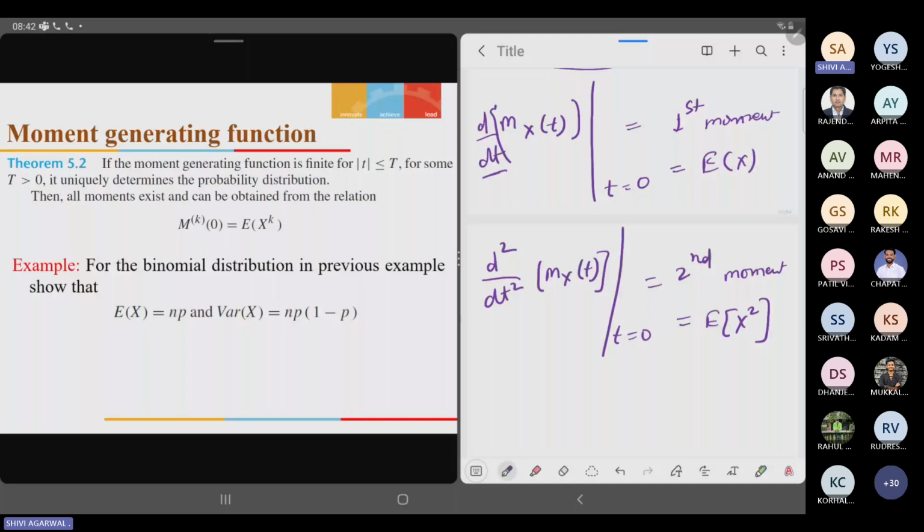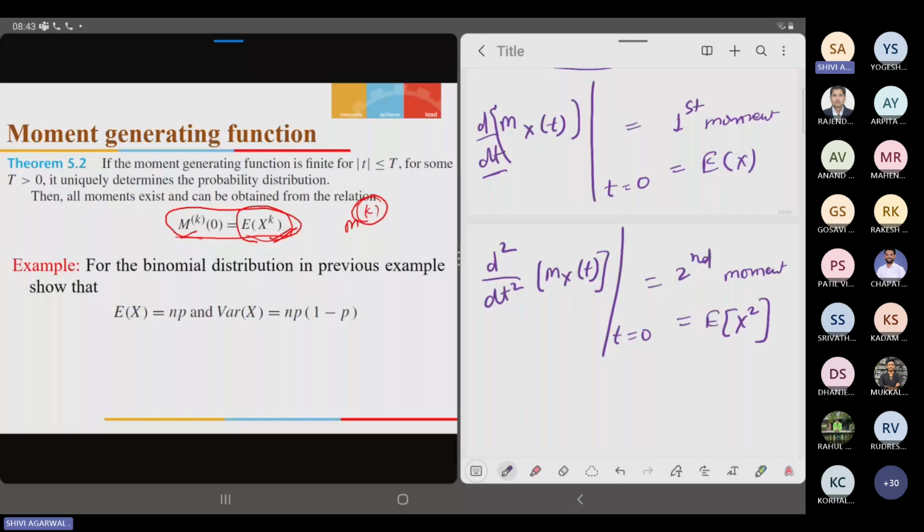So in the binomial distribution, the expected value of the kth moment we can find by the kth differentiation. The superscript k in the bracket means kth time differentiation. That will give the expected value of X to the power k, the kth moment about the origin.